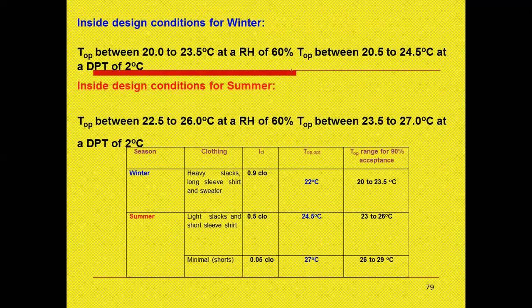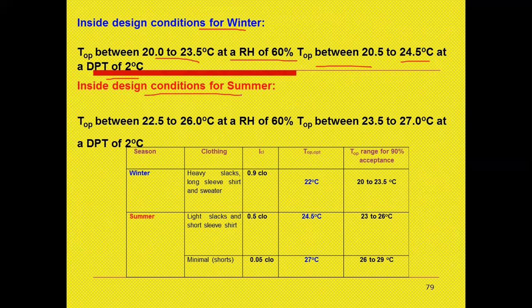The inside design conditions for winter. In the winter season, the inside design conditions are T operative of 20 to 23.5 degrees at RH of 60%, and T operative between 20.5 to 24.5 degrees centigrade at DPT of 2 degrees.